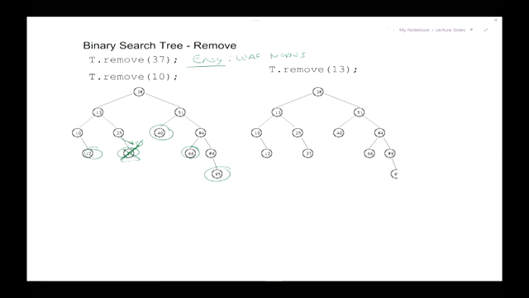So we've looked at nodes with how many children? 0. And now we can look at nodes with 1 child. So if we look at nodes with 1 child, let's say we want to delete 25. What does this substructure look like?